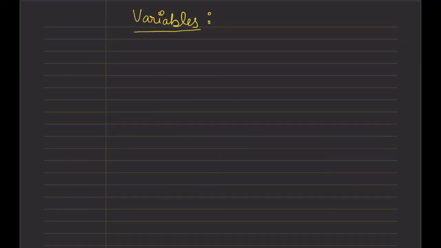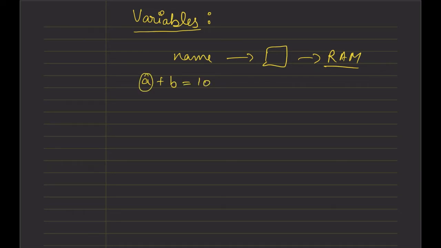Moving on to the next topic, that is variables. A variable is a name given to a specific location in memory. Let us take an example: a plus b equals 10. In this particular equation, both a and b are variables.